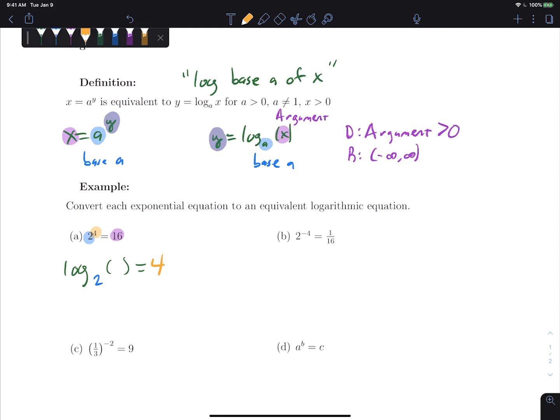The exponent gets put out there by itself, and the 16 that you see right there is the argument. Now this looks like 2 to the 16 equals 4. It's not that, because the 2 is just a subscript of the entire logarithm. So here's the line, and that 2 is written as a subscript. So this is log base 2 of 16 equals 4.